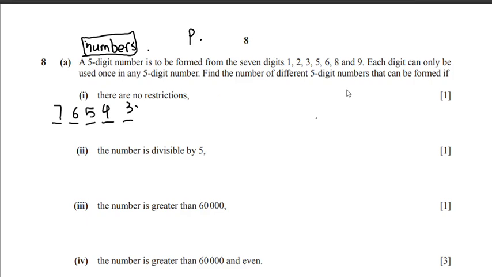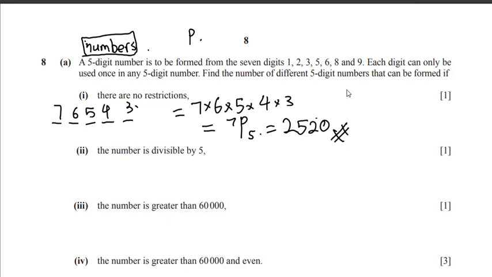So it's basically 7 times 6 times 5 times 4 times 3, or simplified, 7 factorial with 5 selections. If I'm not mistaken, that's 7P5. So this equals 2520. You can write it like that, it doesn't matter. You just get the answer, since it's only 1 mark.